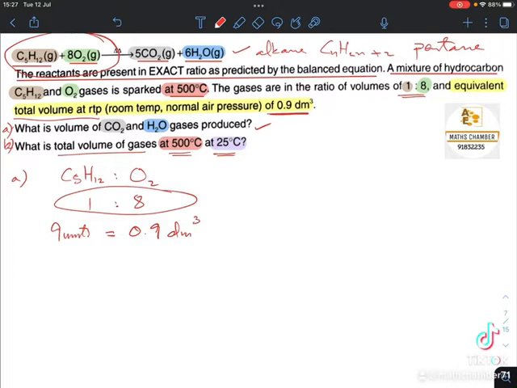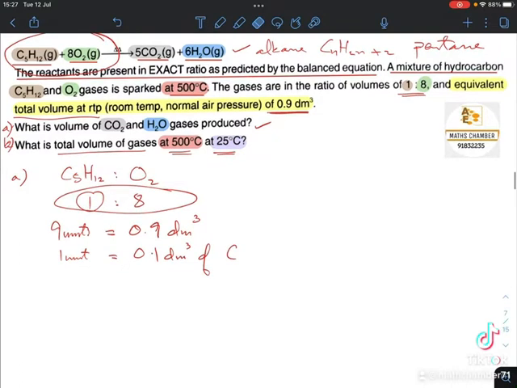Pentane C5H12 is 1 unit, so 1 unit is equal to 0.9 divided by 9, which is 0.1 cubic decimeter of pentane, C5H12.